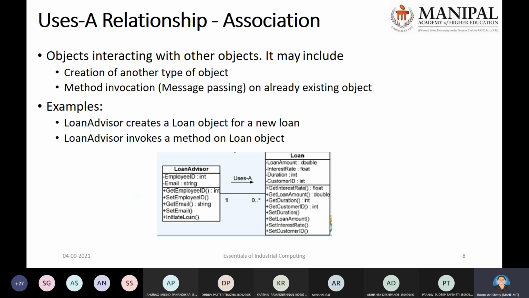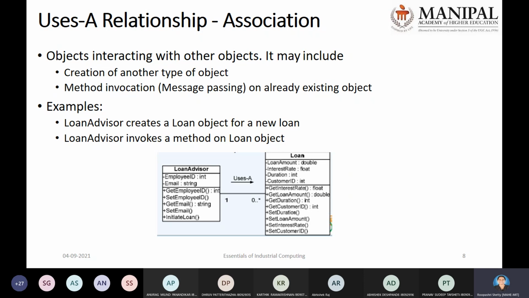For calling the initiate loan method of loan advisor, it requires the loan object. Initiate loan means it is supposed to initiate the loan. So the initiate loan is in turn mapped to the loan class or loan object. So it uses loan object. For calling this initiate loan function, it should use loan object.